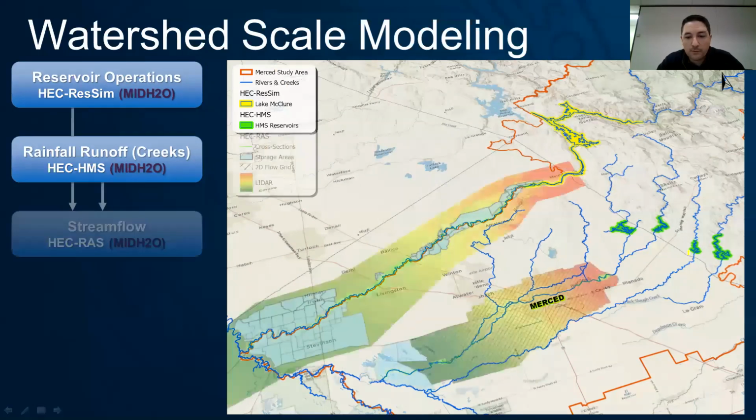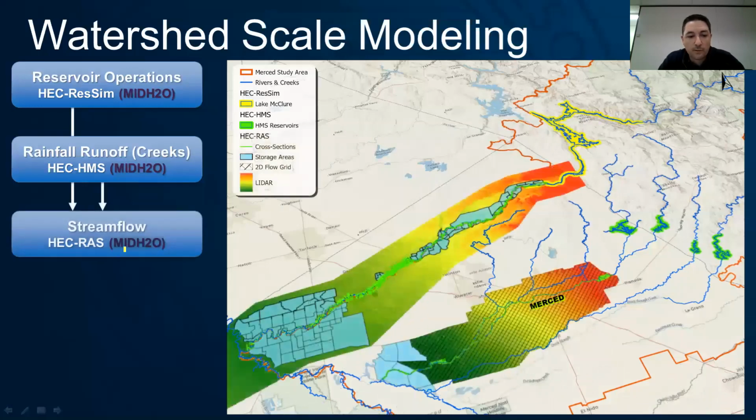Information from those models goes into our streamflow or hydraulic models. In this case, we're using HEC-RAS. We have two hydraulic models, one for the Merced River and another one for the creeks. The Merced River one is scoped out pretty well. We used information from MID, from the department's CV-FED program, and some information from USGS.